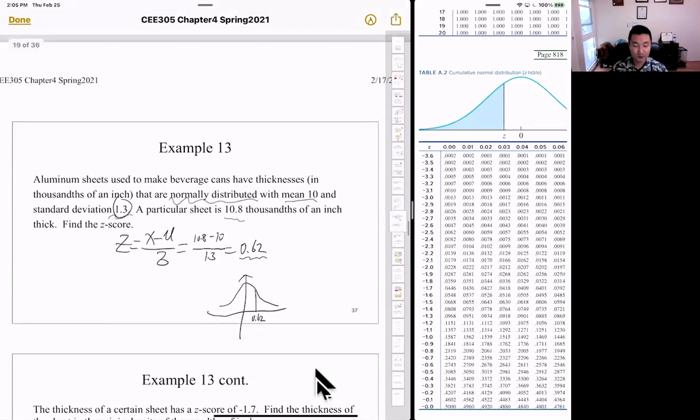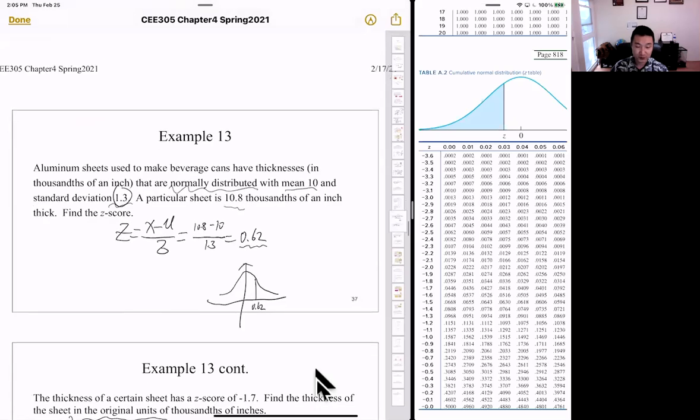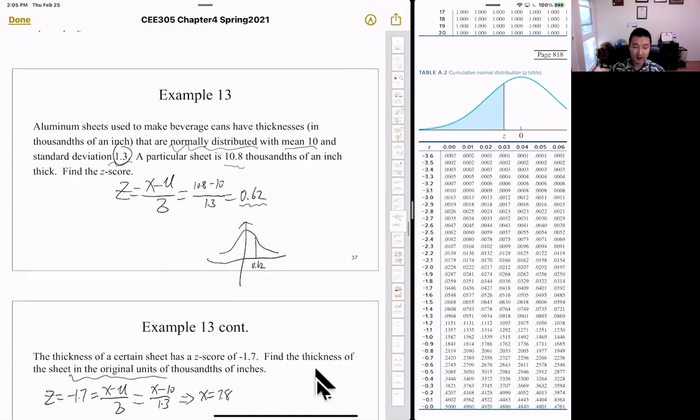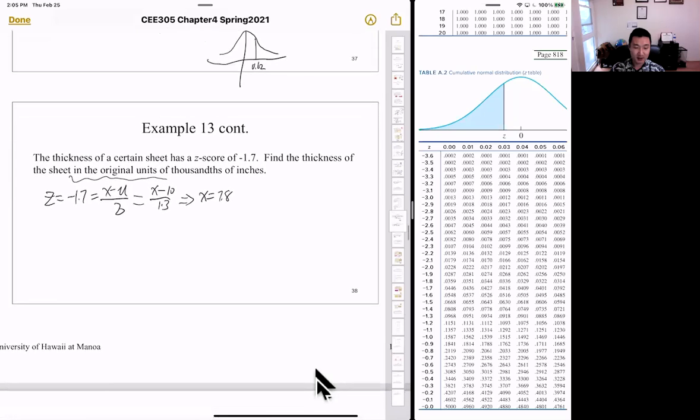And then we tried to calculate the z-value using this equation: x minus the mean value mu, divided by sigma, the standard deviation. So we can calculate the z-score. After that, we can use Table 8.2, called the z-table, from our textbook to find the probability. Also, we discussed that if we know the z-score, we can back calculate the x value, again using the same equation.